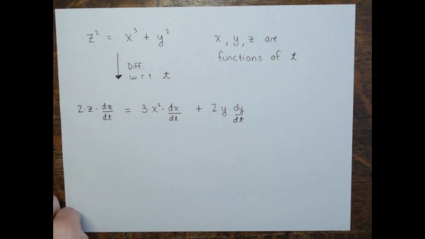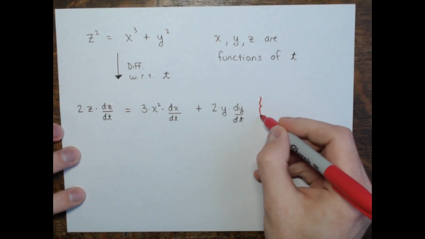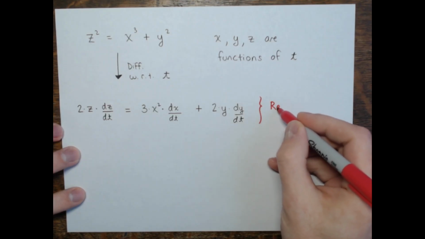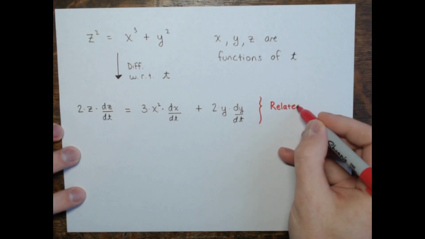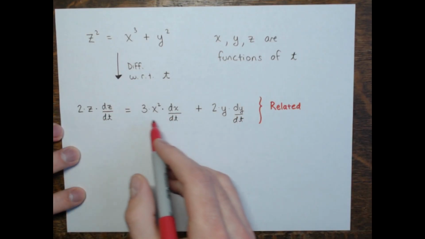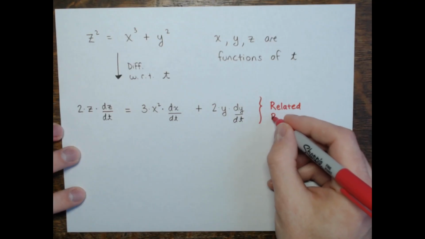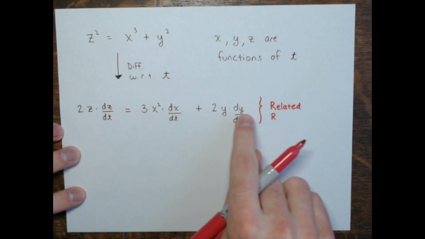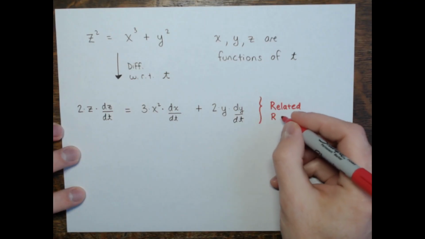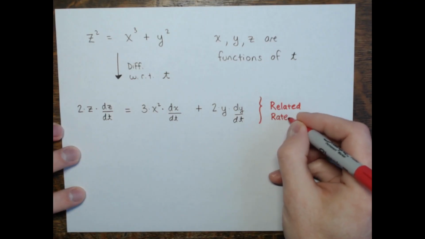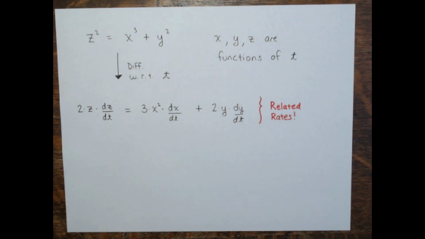So once again, here is our related rate equation. All right, you have all these derivatives related to each other in some way. They must satisfy this relationship. Right, so here are how the rates of change, the derivatives, are related.